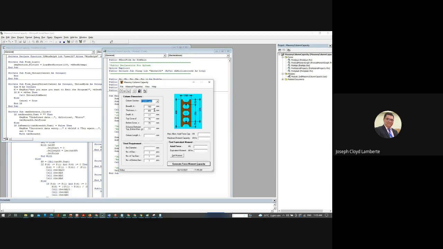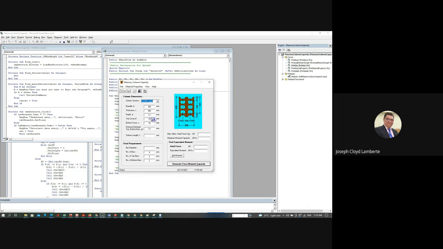Automatic makahatag din na siya og properties. Nya duha ka CHB or tulo ka CHB. Or you can create your own customized section.